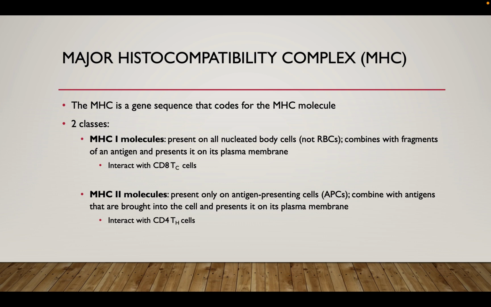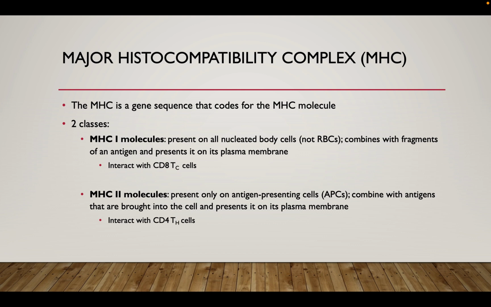The only cell in our body that does not contain a nucleus is our red blood cell, so you're not going to find MHC1 molecules on red blood cells or the erythrocytes, okay? These MHC1 molecules will present an antigen on the plasma membrane, and these MHC1 molecules are going to interact with the CD8 T cells.